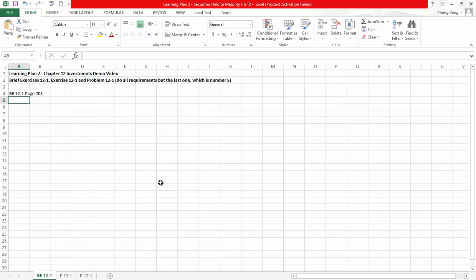Lance Brothers paid $600,000 for the investment in bonds and will receive interest semi-annually on June 30th and December 31st. Prepare the journal entries A to record the Lance Brothers investments in the bonds on July 1st, 2013, and B to record interest on December 31st, 2013 at the effective market rate.